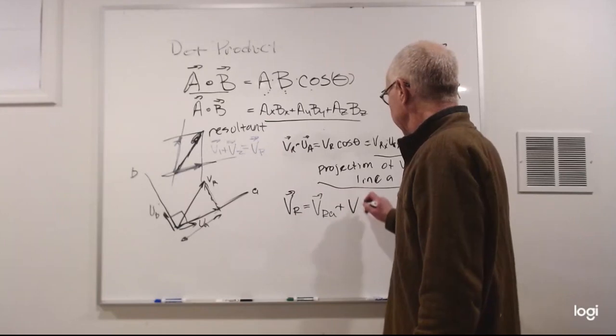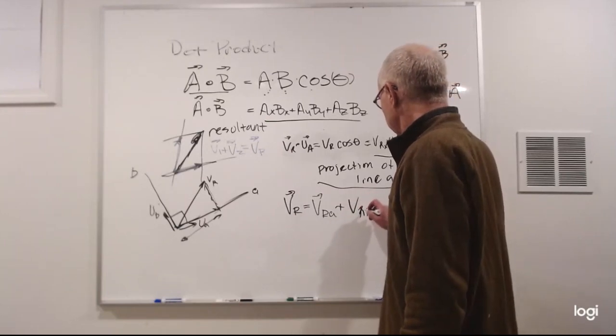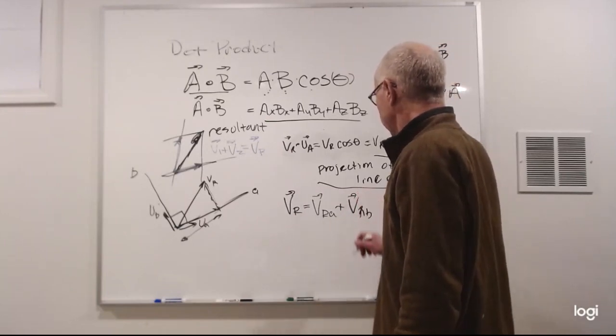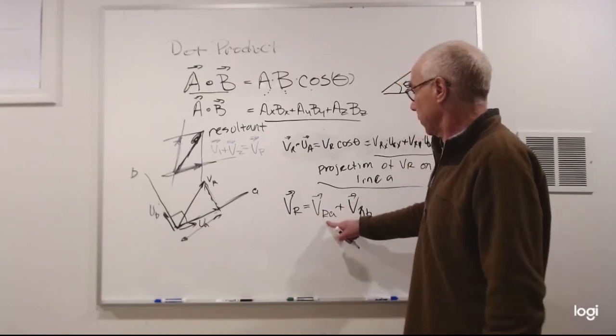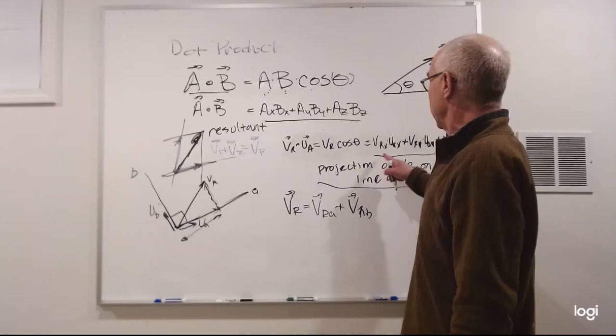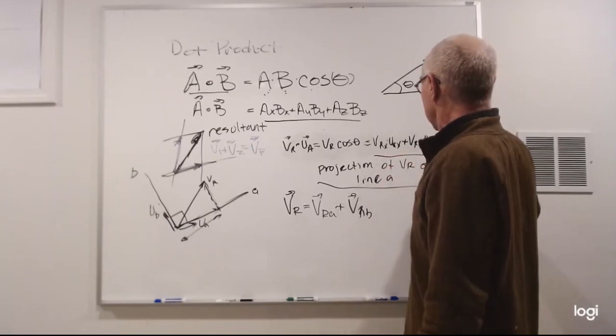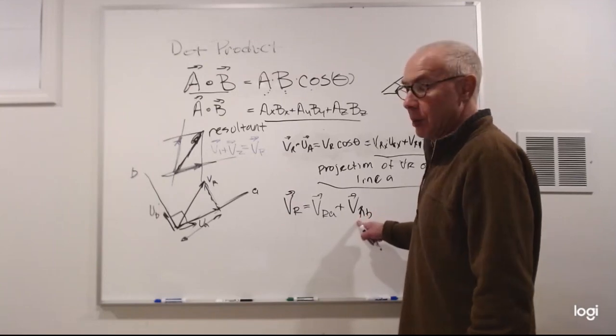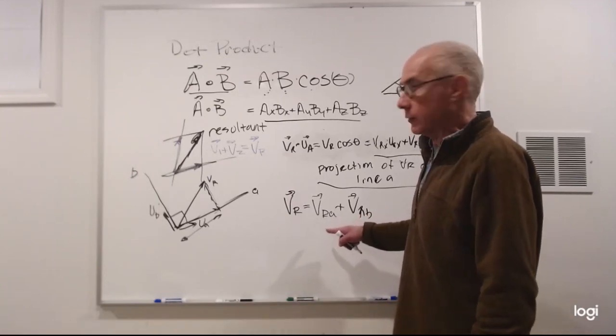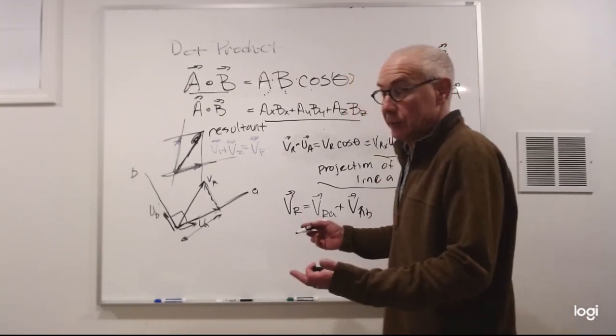So we have to add these together. We know this vector because that was a given from the problem, typically. We know this one because we evaluated it up here. That's what this is giving us, the actual quantitative value. We don't know this one, but we know how to subtract vectors in Cartesian form.